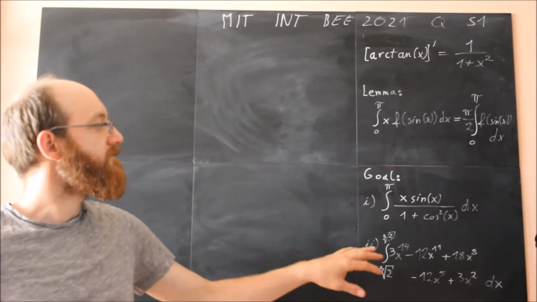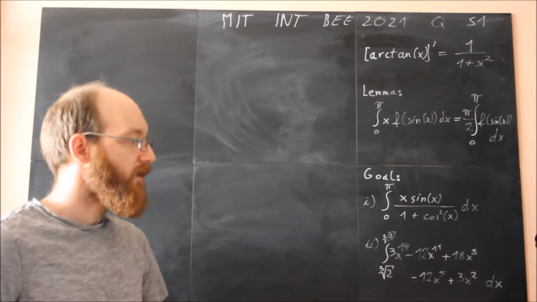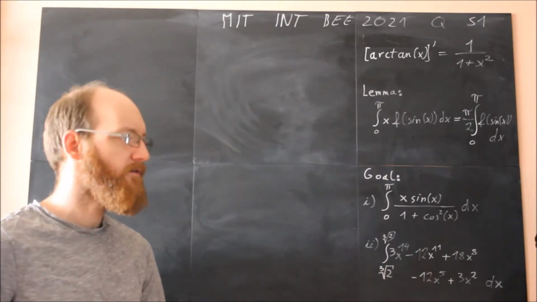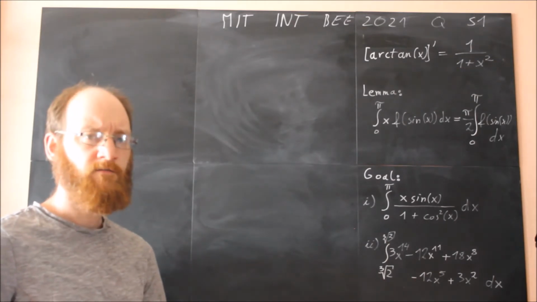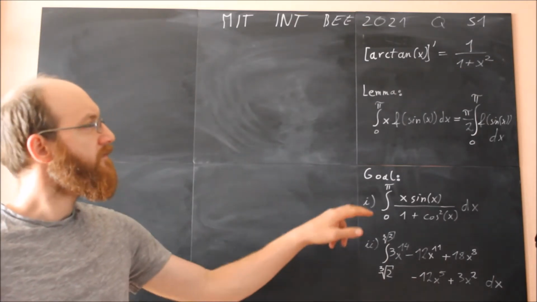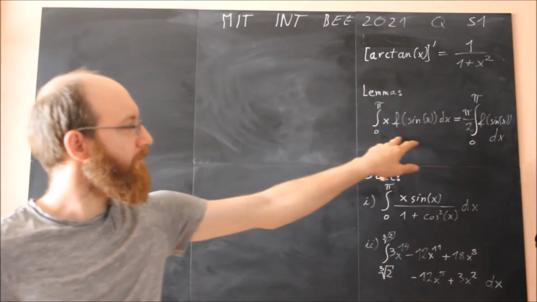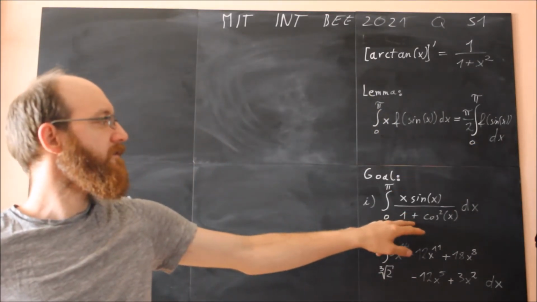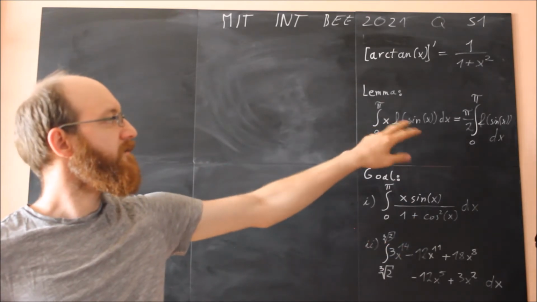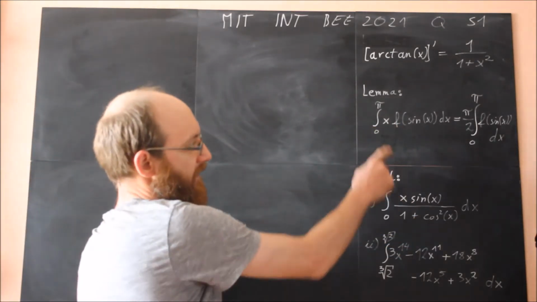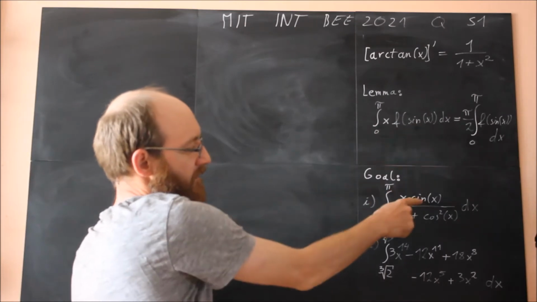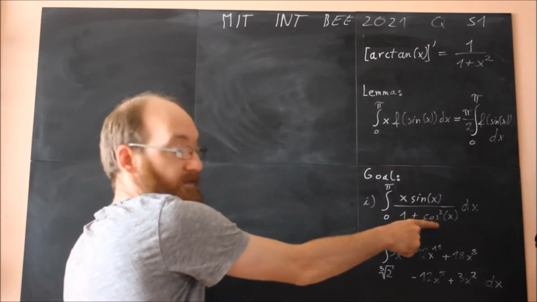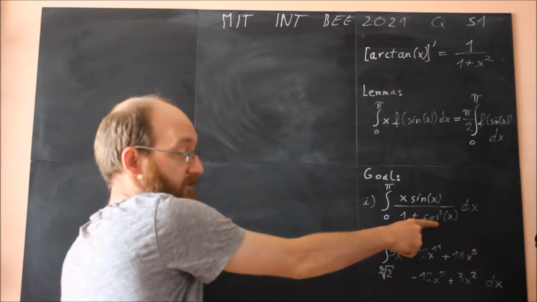And for the first one, a couple of months ago I saw a video from Michael Penn, and he proved this lemma. And when I saw this integral, it reminds me of this form. We have here this x and then a function of sine, and remember, cosine squared is also a function of sine.